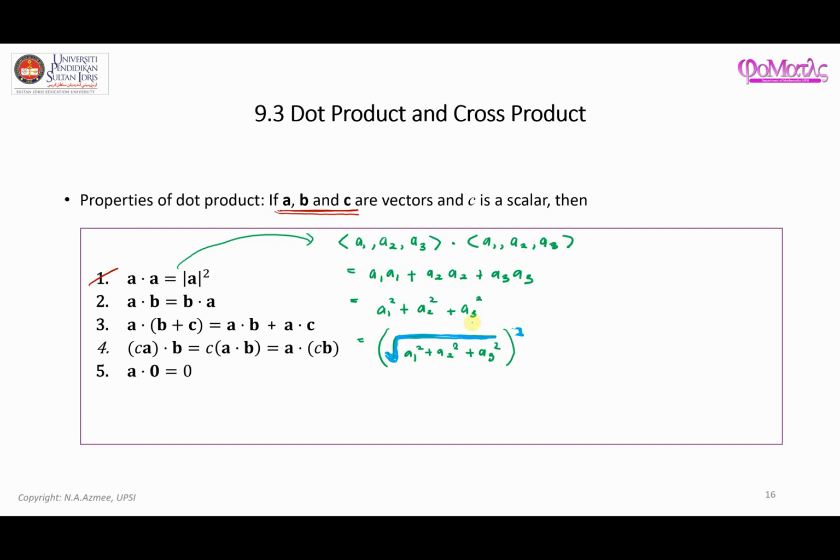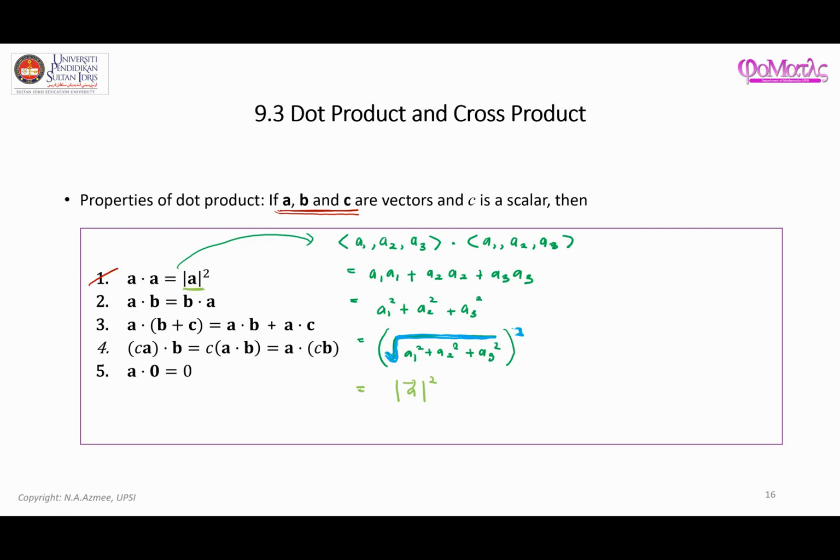And because of that, this is the definition of the magnitude of vector a, squared outside. So that is quite easy to see for the first property, just a simple proof of how you get it.